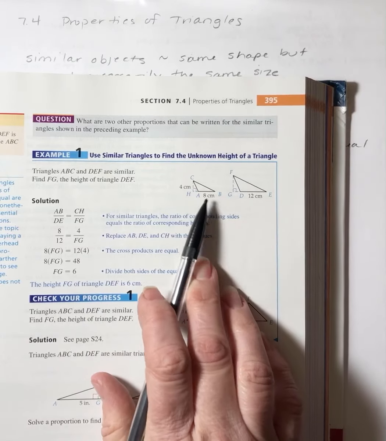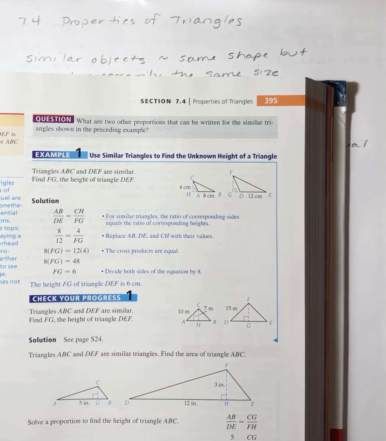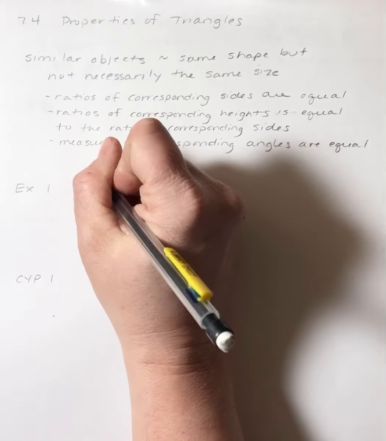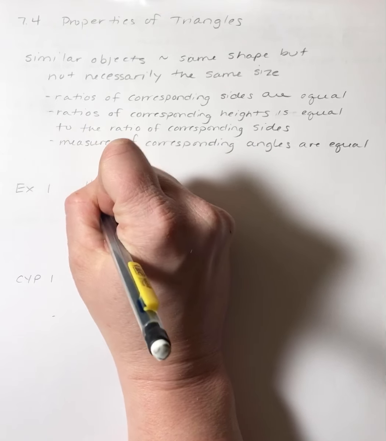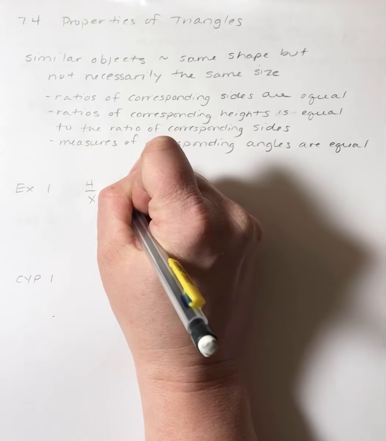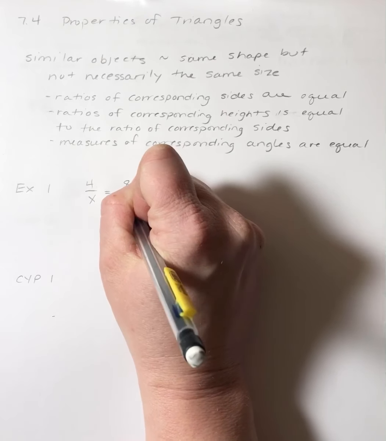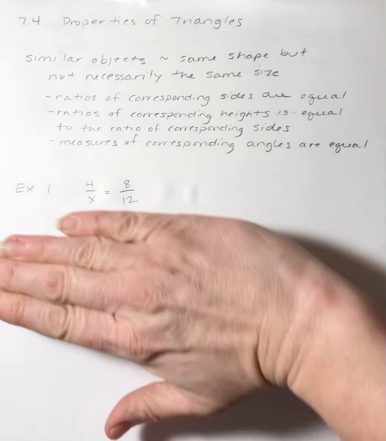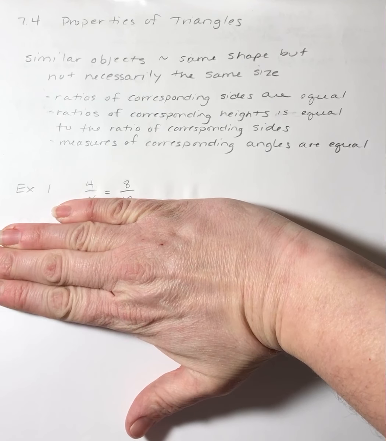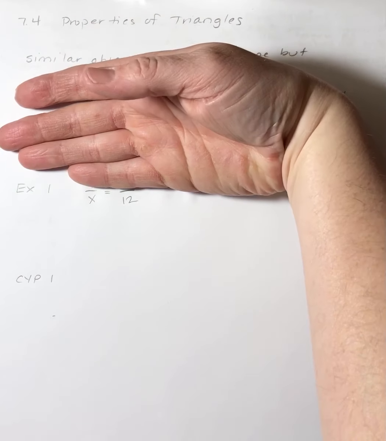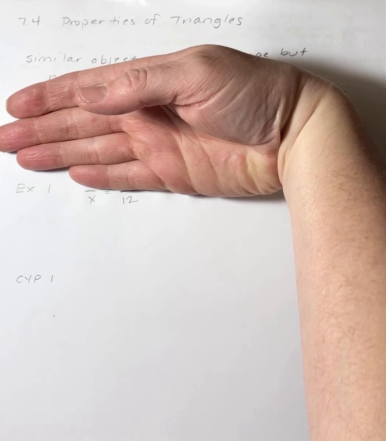So I'm going to set mine up different than the way they set theirs up, and I'll write it down here. So example 1, I'm going to do 4 over x equals 8 over 12. Those are both from the small triangle, and those are both from the bigger triangle.